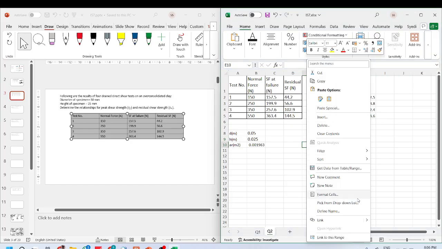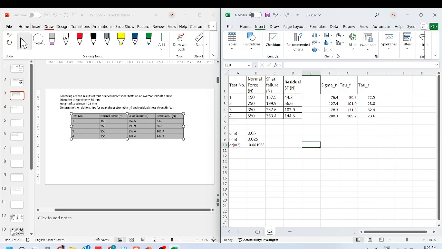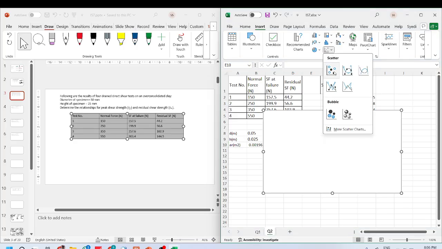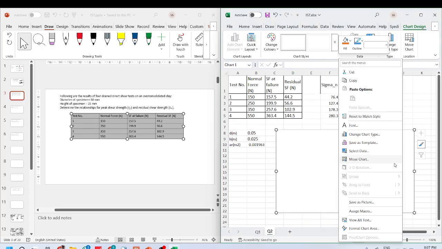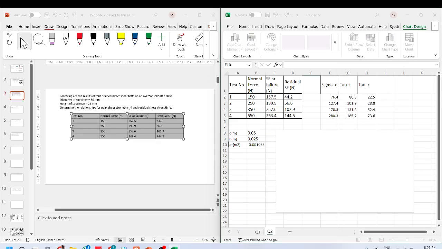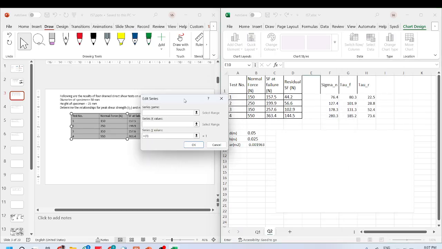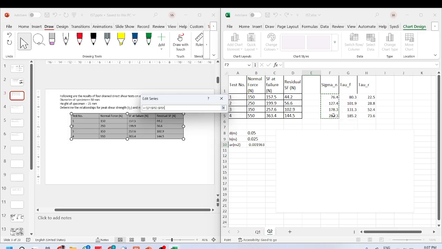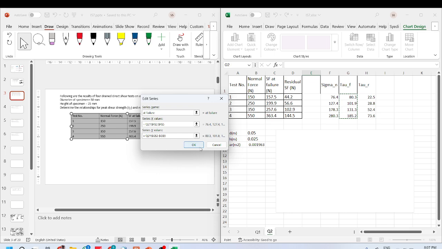We can just develop series 1 will be at failure, x will be this, y will be at failure.